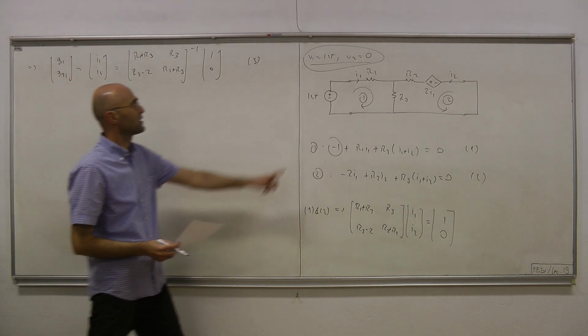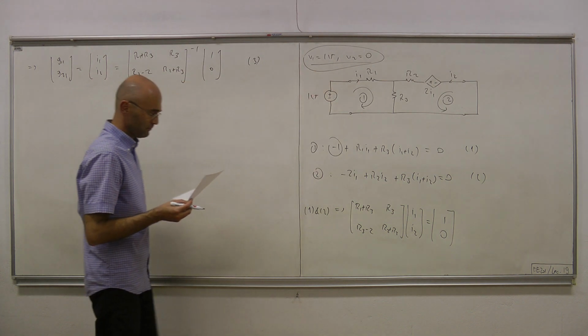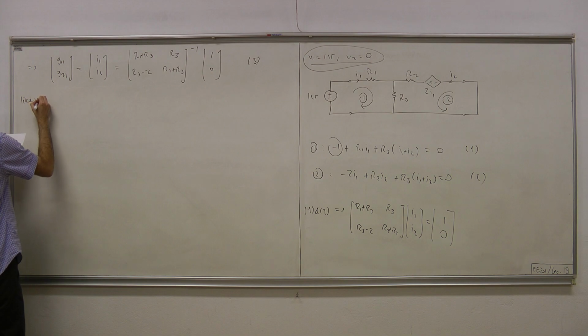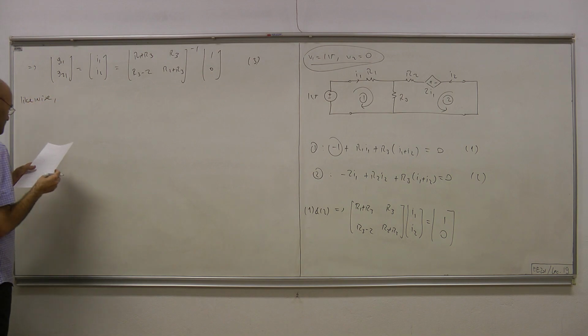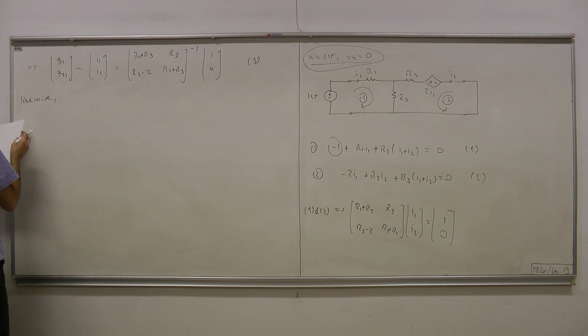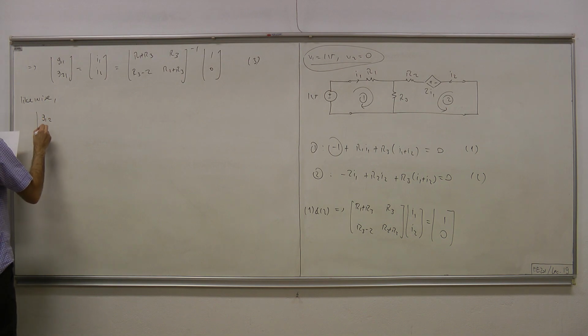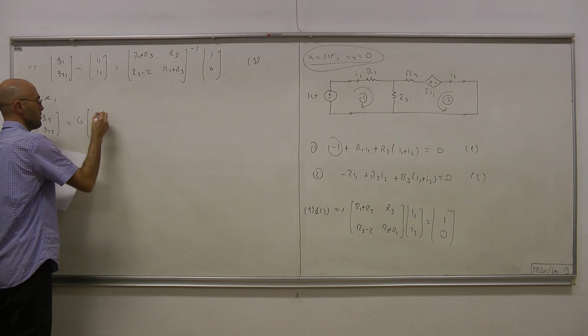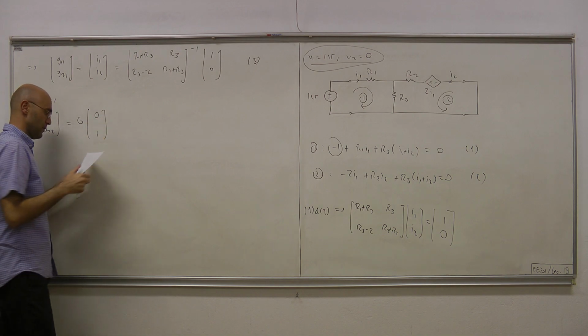Okay, now let's quickly consider the second column. Likewise, G12, G22, the second column, equals the conductance matrix times, this time, the first entry is 0, the second entry is 1.